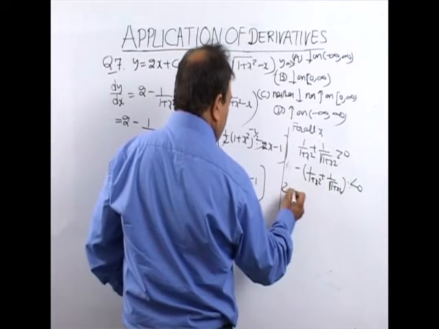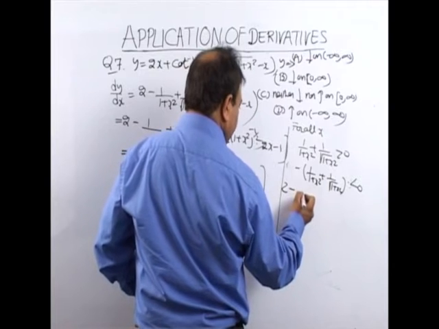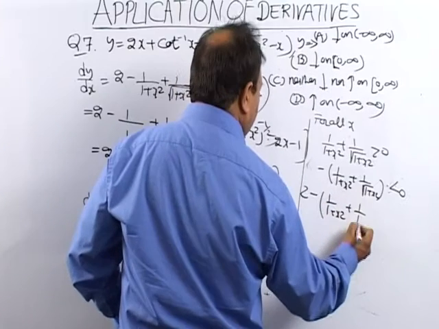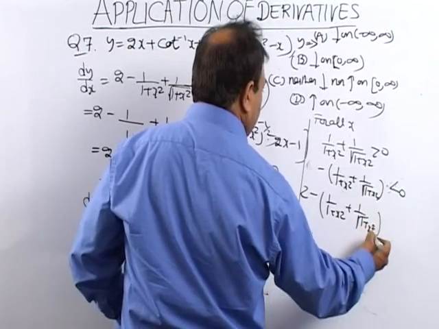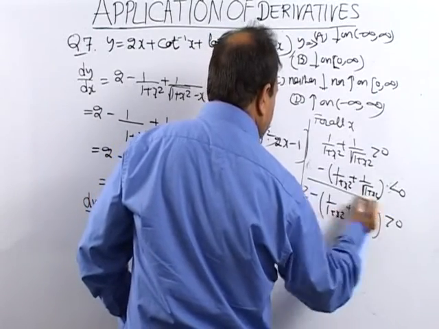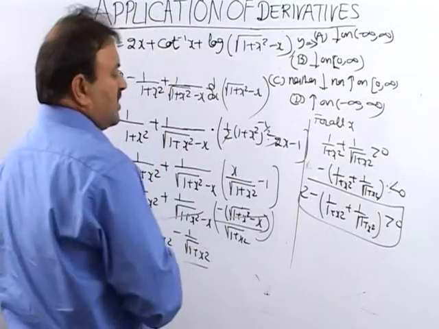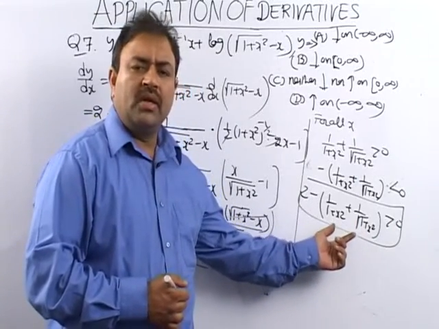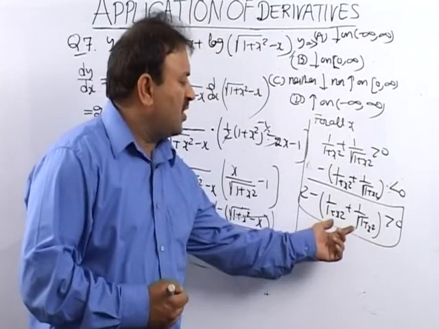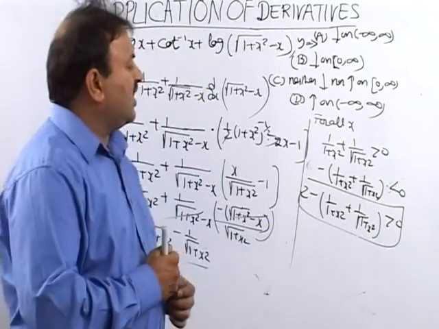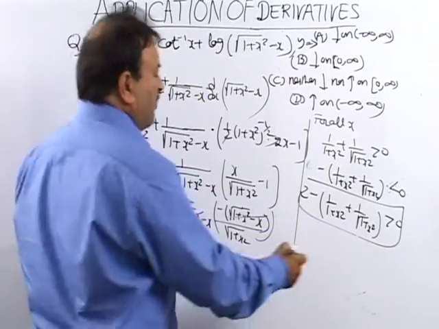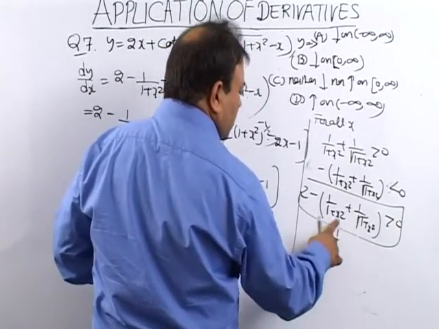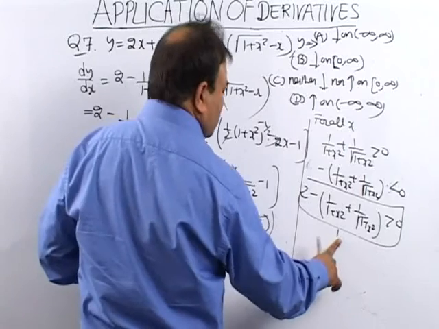Or we can say 2 minus 1 upon 1 plus x square plus 1 upon square root of 1 plus x square is always greater than 0, because its value is always less than or equal to 2. 1 upon 1 plus x square lies between 0 and 1. So its maximum value comes out to be less than 2.